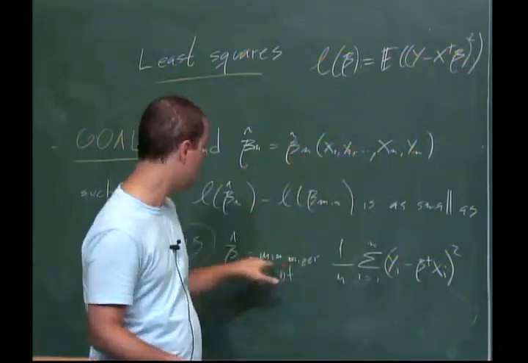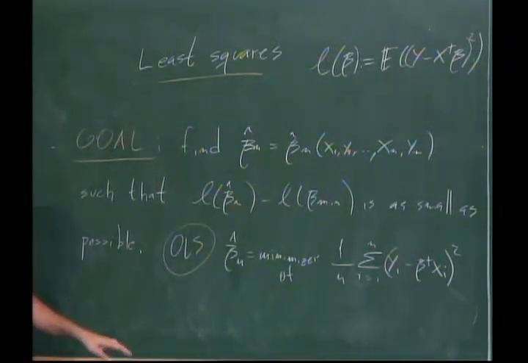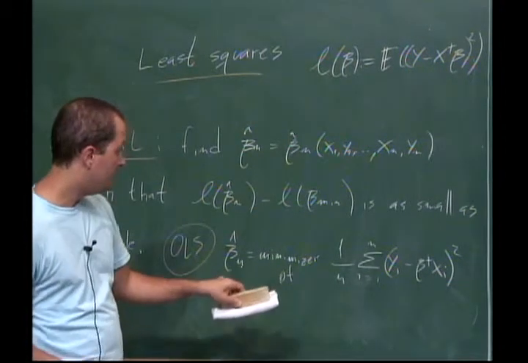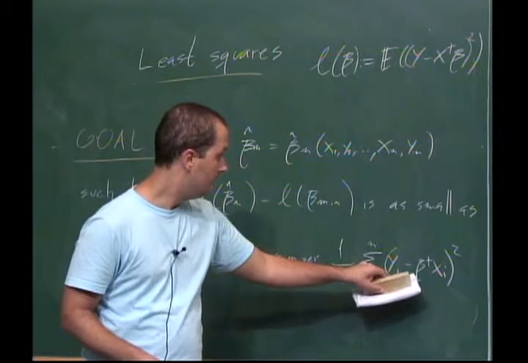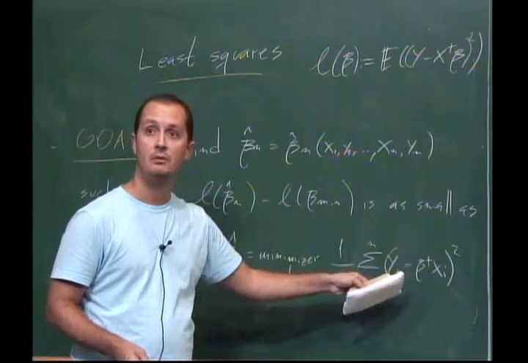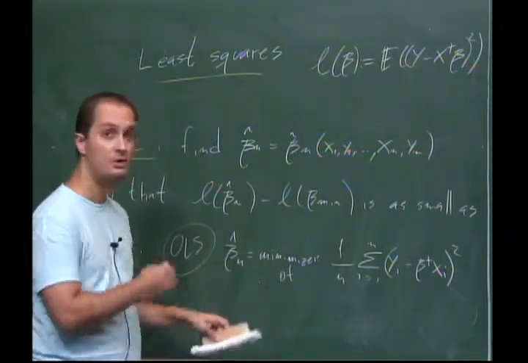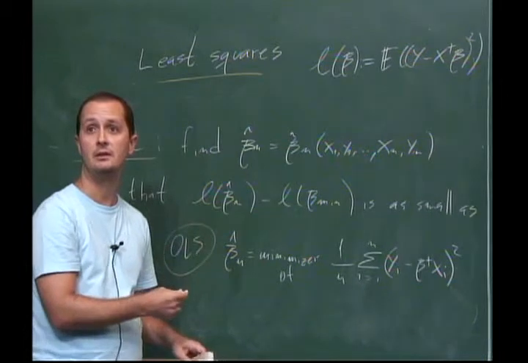We're determining a beta based on the data that we see. So in particular, if I take the sum here with beta hat inside, it's not an IID sum anymore, right? The terms sort of look IID, but they all depend on this beta hat, which depends on the whole sequence of data.